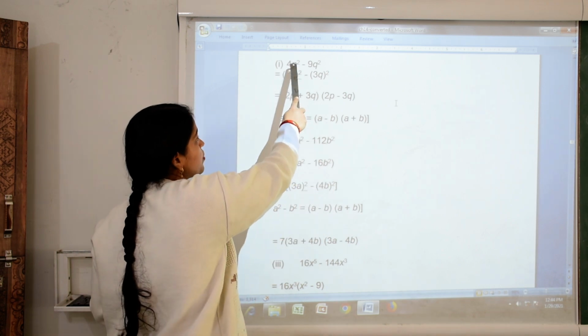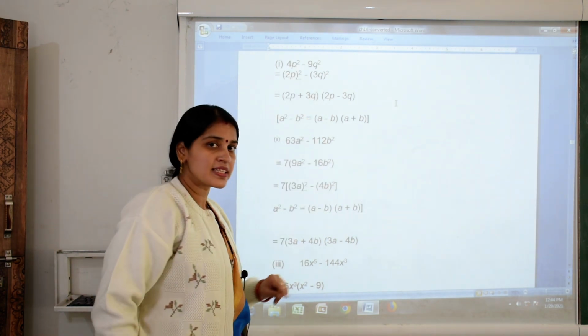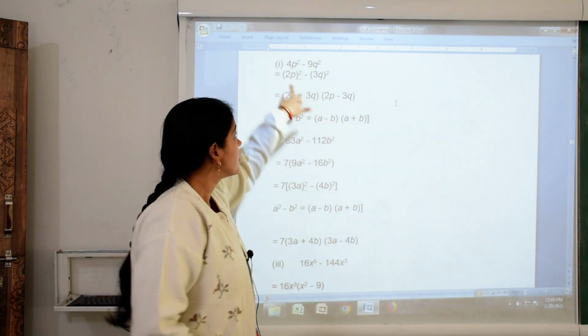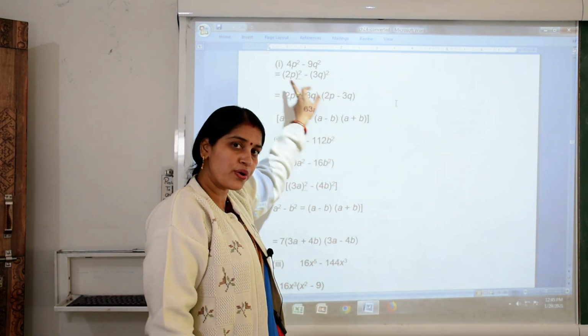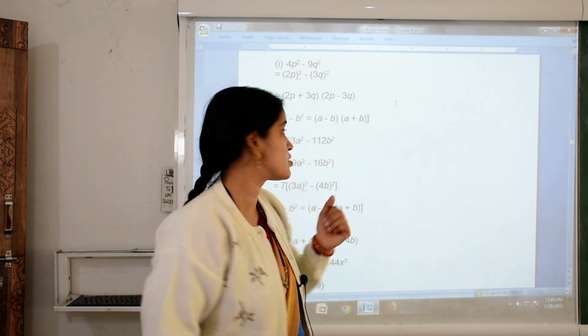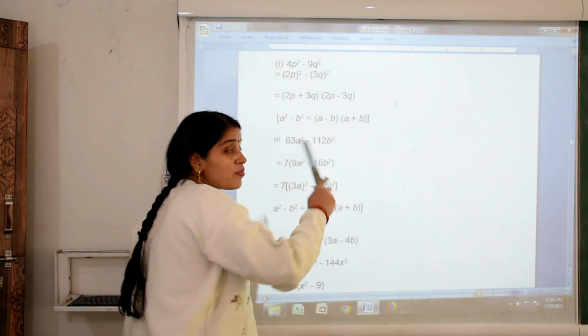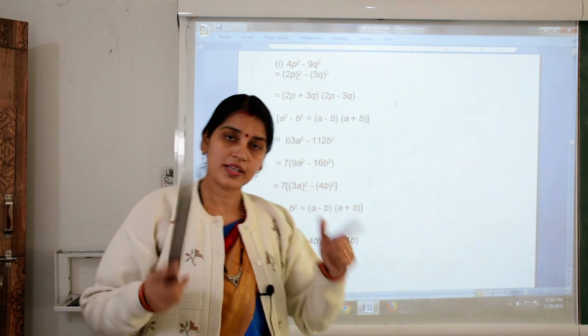So 4p square we can write as (2p) whole square. Why whole square? Because square of 2 also and square of p also. Same way 9q square, that means (3q) whole square.